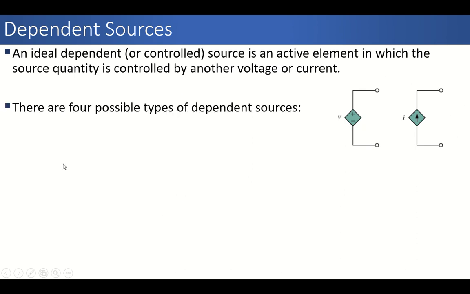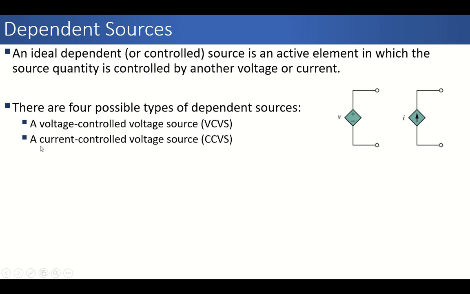So obviously there are four possible types of dependent sources. The first one is a voltage controlled voltage source, that is, the voltage of the source is controlled by the voltage in another branch of the circuit. Similarly, a current controlled voltage source is a voltage source whose voltage is controlled by the current in another branch.